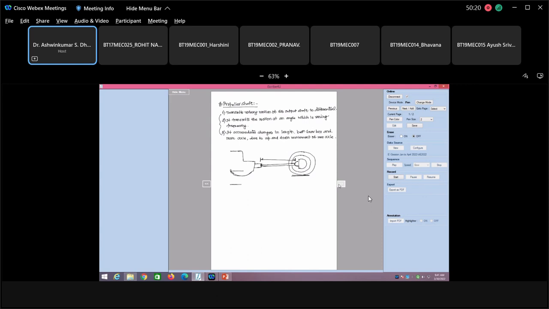The other thing is, now you can have the propeller shaft connected like this to the differential. See, this is the short length, this is the long length.